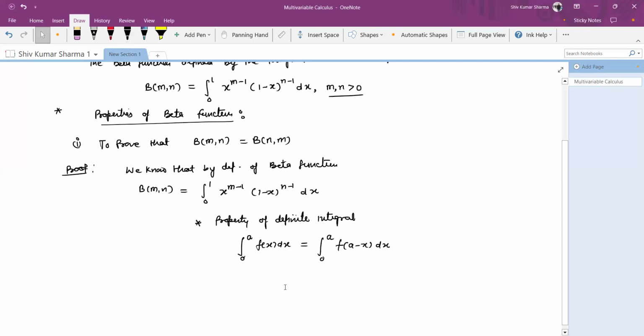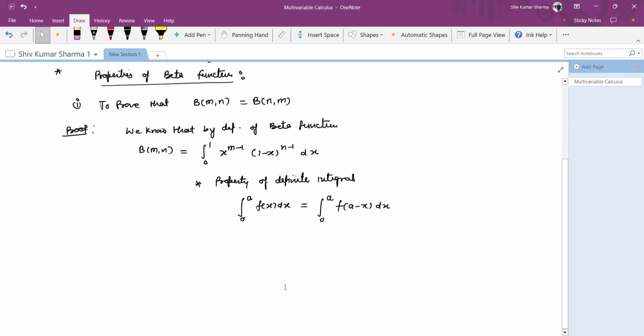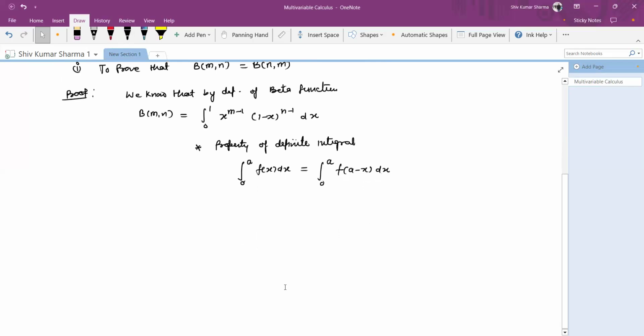So you can use this property or you can use the substitution. Okay. So one side we take as a property, that means we can understand this. So when we apply the property, beta mn is equal to integral 0 to 1, where we have function f(x), which can be written as f(a minus x).